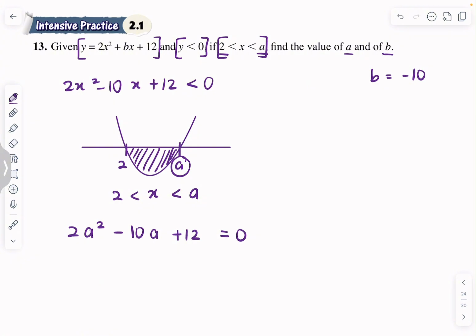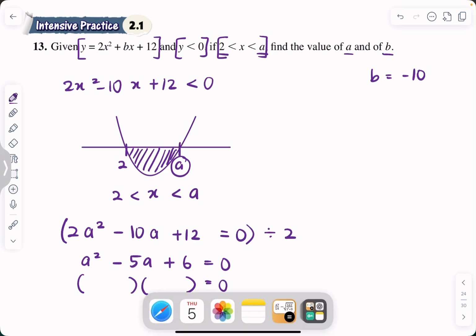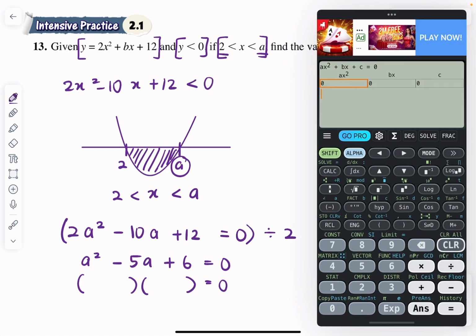Then to solve this, we have to factorize. First thing is we can divide the whole equation by 2. We get a squared minus 5a plus 6 is 0. Then we factorize.